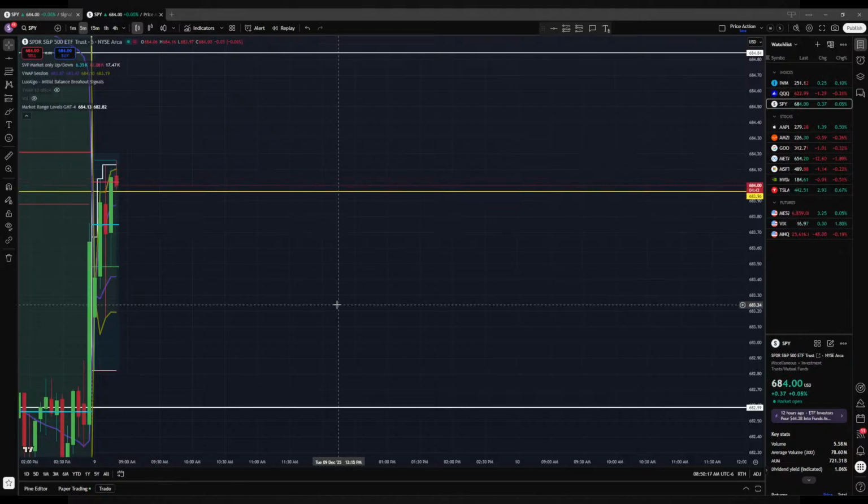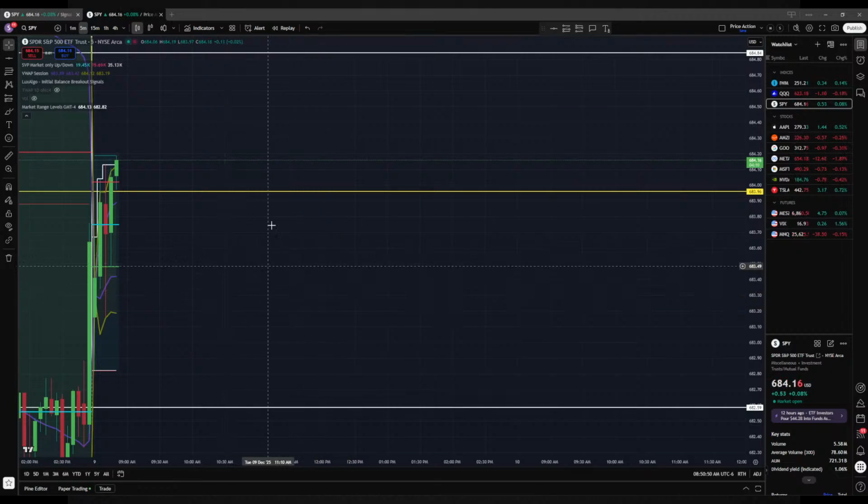Yeah, it just moved right there as I was talking. So that's why I mark it out. I mark it out where it was when step one was fulfilled. Because otherwise it moves, and you go back and try to journal and look at it, it looks like you entered a trade when you shouldn't have, or that it invalidated, and you get all confused: why did I enter that trade?